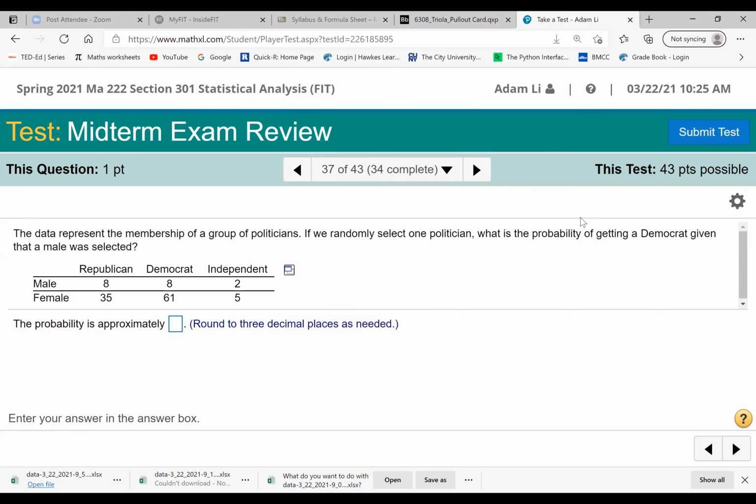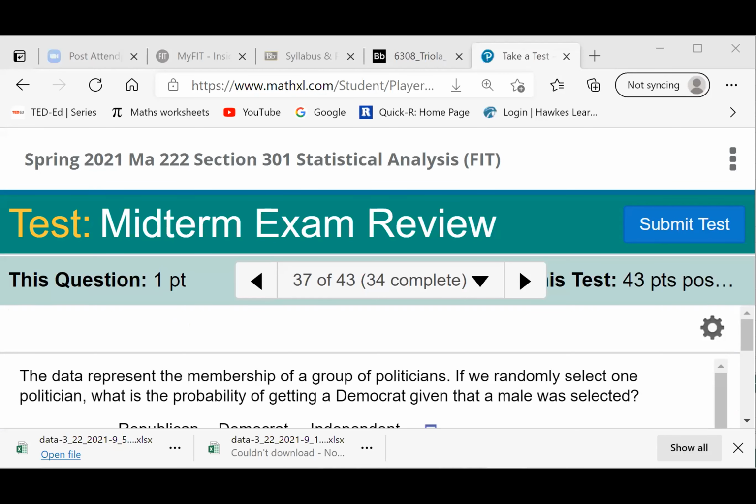So the total amount of the people here, let me open it first. You add up all these 6 numbers, and that gives us the total politicians they surveyed. And out of that, we have different categories. For some reason, it doesn't allow me to open. Give me 1 second, let me open that one more time.